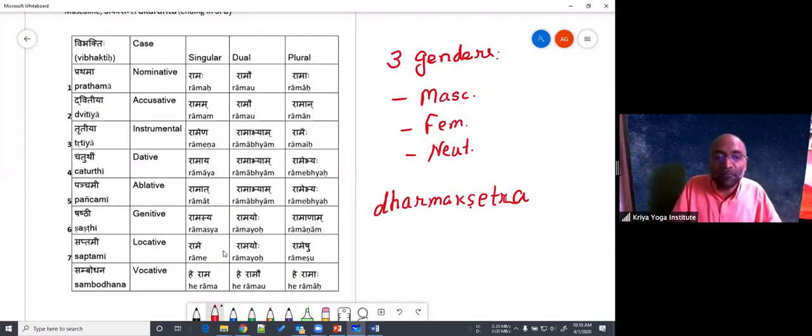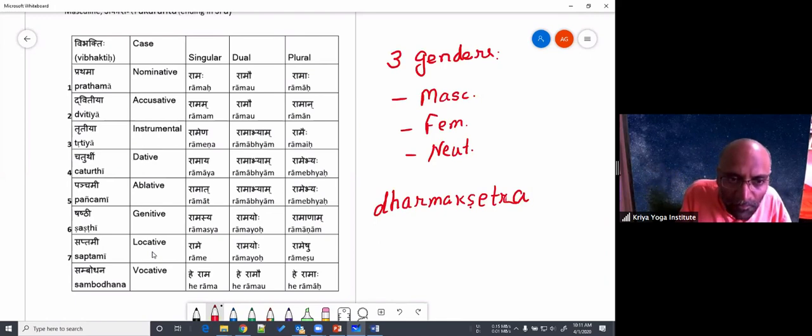All these cases are representative of certain English prepositions, because Sanskrit, for the most part, bundles prepositions with the word forms. And this particular one, locative, refers to in or on.